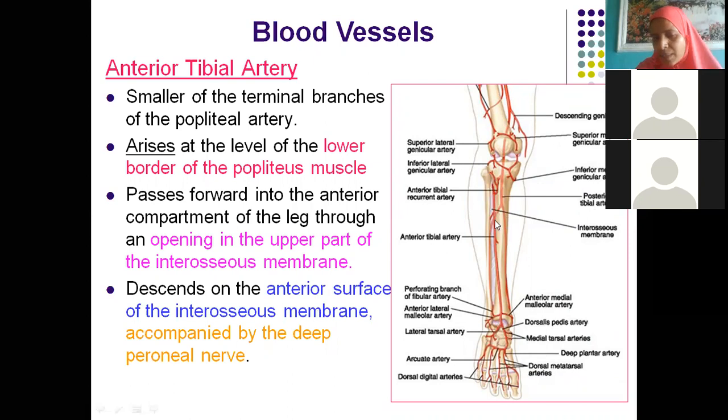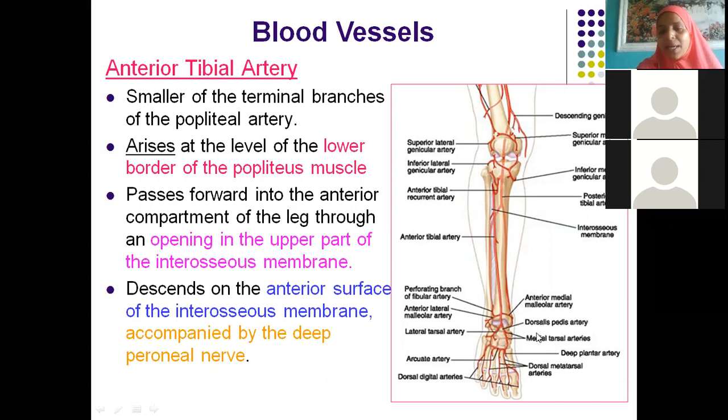From posterior tibial, there will be one branch which is going towards fibula. You can call fibular artery or peroneal artery. Your wish, better. But in our textbooks, peroneal word is used. Peroneal artery. Okay. Further continuation of anterior tibial artery is dorsalis pedis artery.